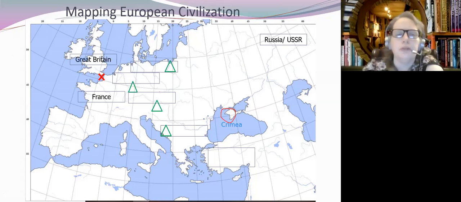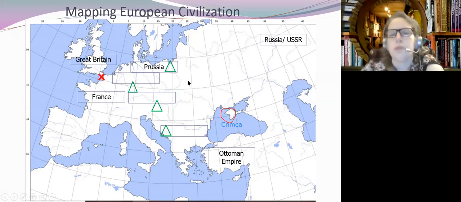There's Great Britain and France, Prussia. Prussia is going to be up here in the north. If you've got a triangle up here in the north off the Baltic, that's going to be Prussia. If it's going to be Poland, it's going to be further inland. Poland and Prussia will not be on the same map, okay? Poland will be on the later map. It will not be on the map of the Napoleonic era because it's been eaten already.